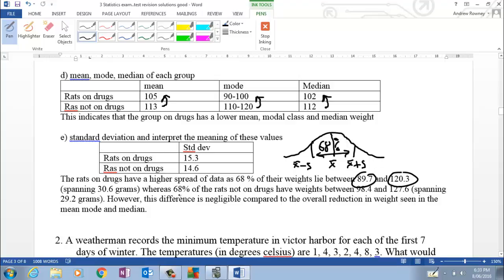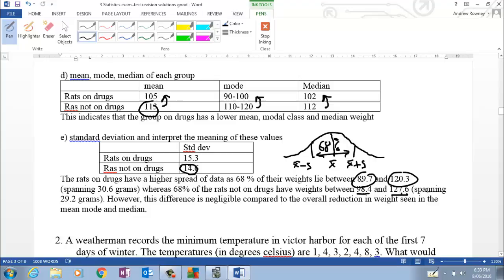Whereas if you look at the one not on drugs, then you'd have to take off 14 and add on 14 to the mean, 113, and that would be 98.4 and 127.6. That would be 68% of the data between those two. Okay, so the spread of data for the rats on drugs is going from 89 to 120, whereas this one it's going from 98 to 127.